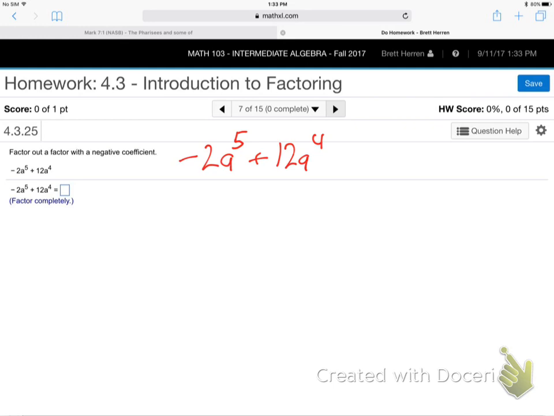Okay, so I'm going to take out minus 2, but what else? What power on a do I take out? 4. a to the 4th, because it's the lower one. Yeah, perfect. Okay, what goes on the inside?